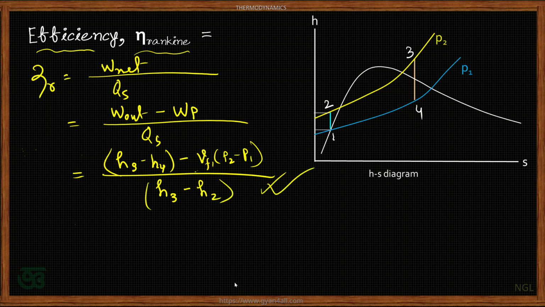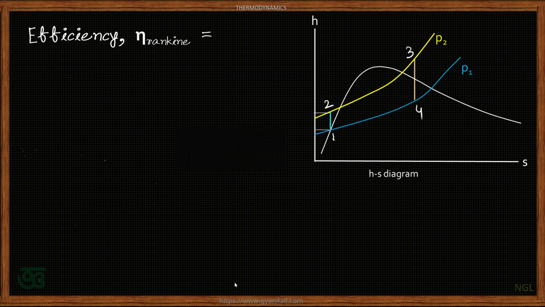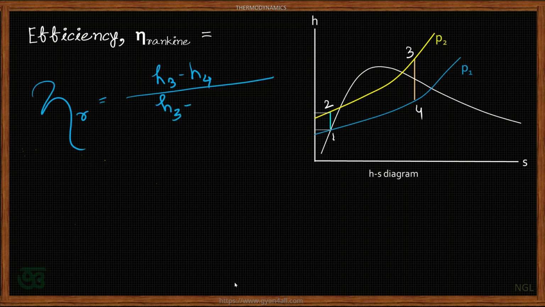Now if we neglect this pump work, which is very small compared to the turbine work, then the Rankine efficiency is equal to the turbine work itself, H3 minus H4, the enthalpy drop in the turbine, divided by the heat supplied, the enthalpy gain during the process 2-3.